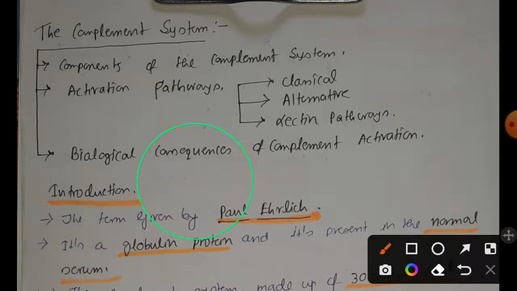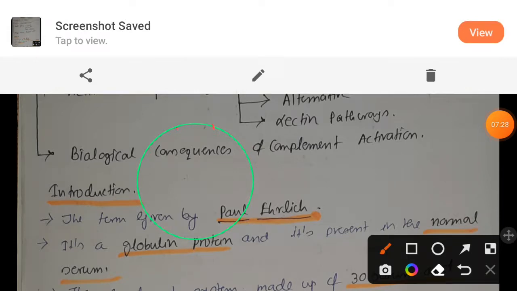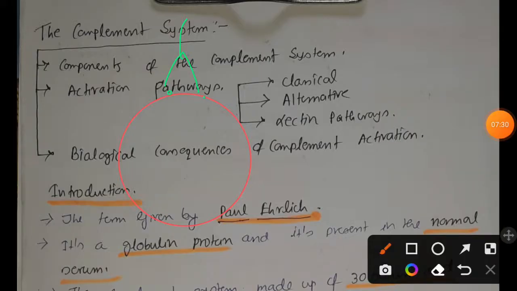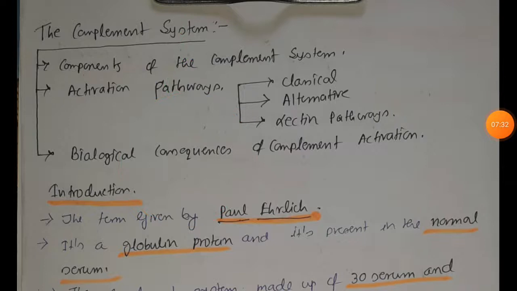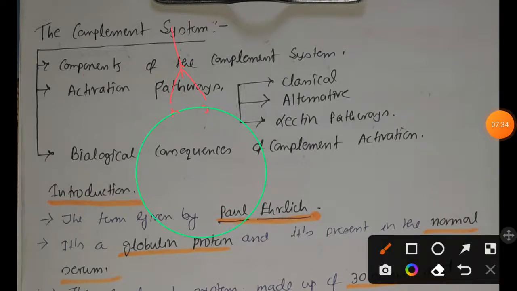Let's say these two red dots present on the surface of the green circle are antigens. Sometimes the antigens can also be present on the surface of a cell.